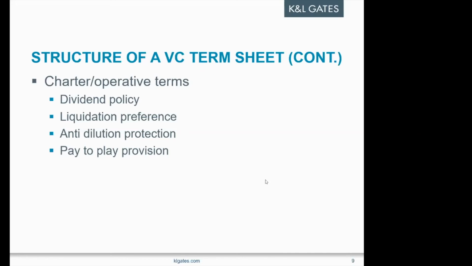In the weighted average provision, this basically uses the standard formula that's agreed to determine the new conversion price of the original investor following a subsequent investment round, when a new conversion price is agreed at the subsequent investment round. In this first section, you'll also see information on the pay-to-play provision, and this provision basically means that an investor must continue to pay and financially support the startup in order to make use of the preferred share rights that they enjoy.